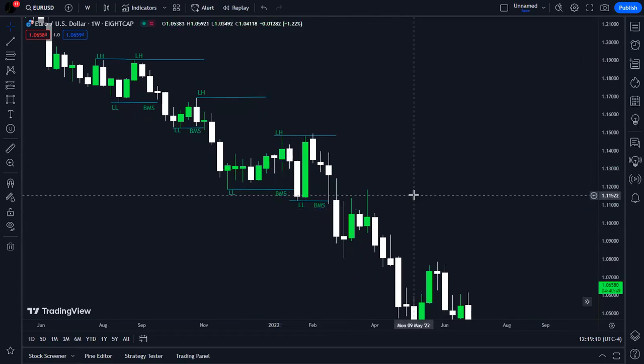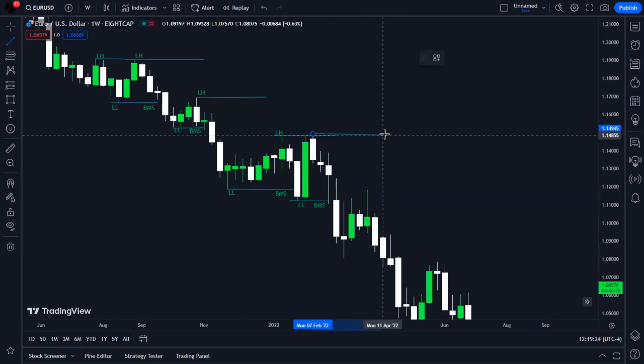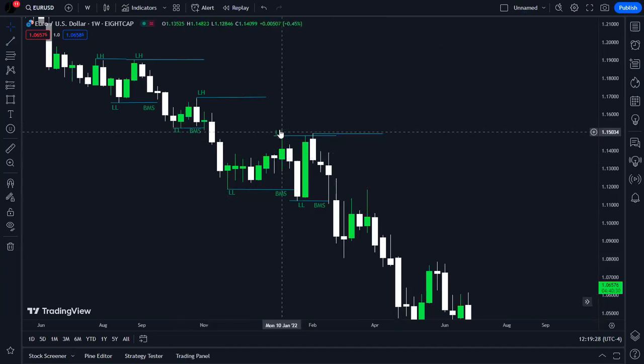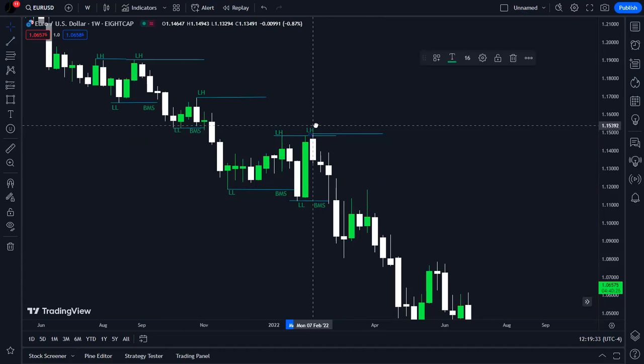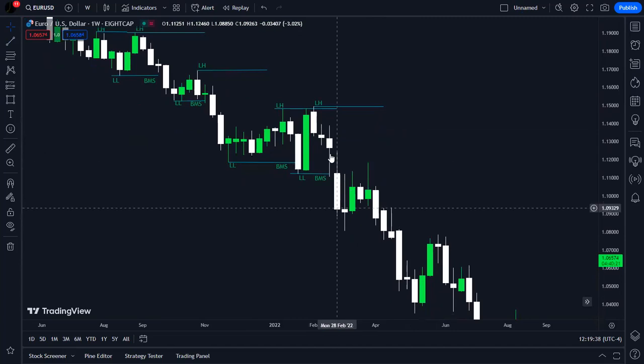So now with the breaking market structure, remember this was a retracement. So our new lower high should be this. New lower high right there. And a new lower low was created after breaking market structure right here.